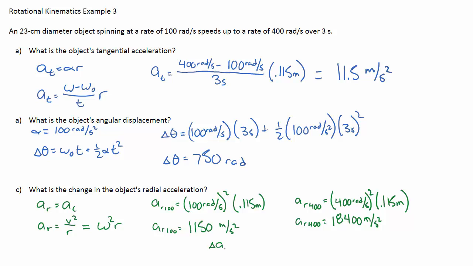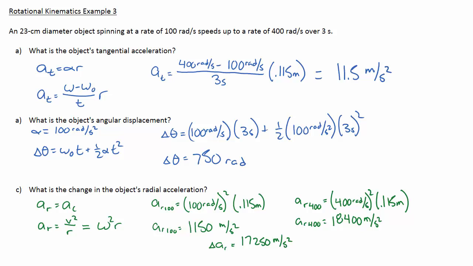So delta AR is just equal to 18,400 minus 1,150. So it's going to be 17,250 meters per second squared. So that gives you the change in the object's radial acceleration.